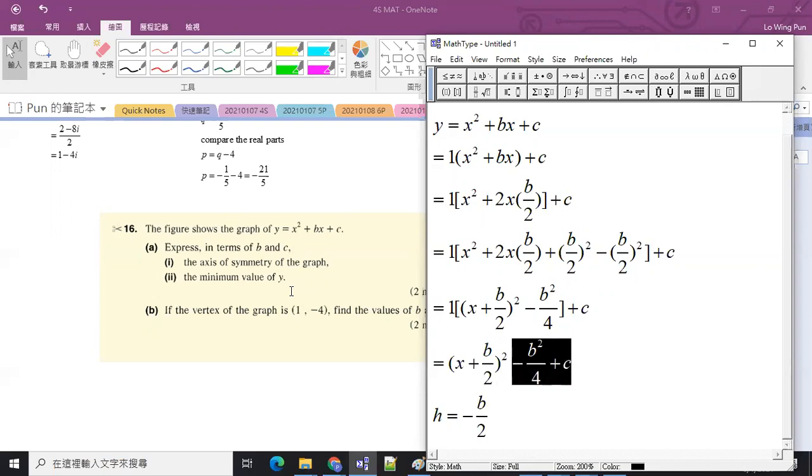That is this one. Okay, so the k value should be negative b square over 4 plus c.